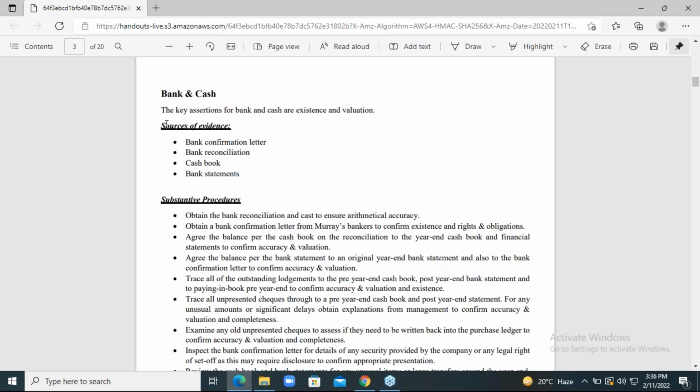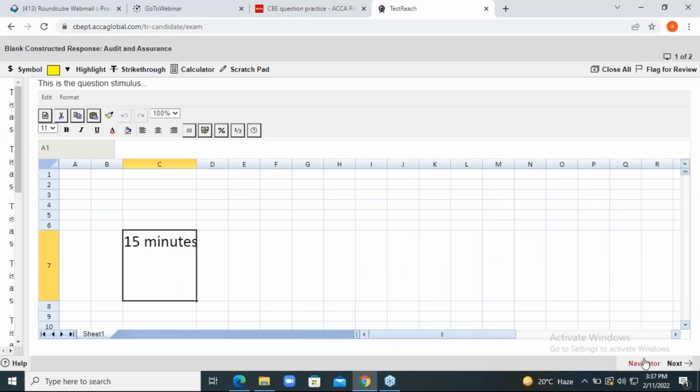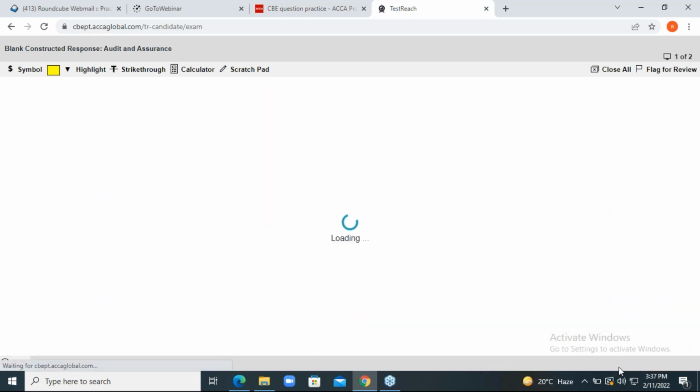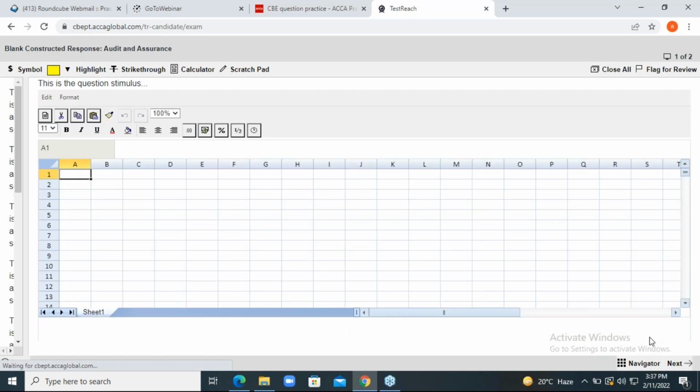Assertions are very important. Assertions are the key to identify the relevant procedures. So if any of you don't want to memorize procedures, then what should he do? He should actually focus on the assertions model.